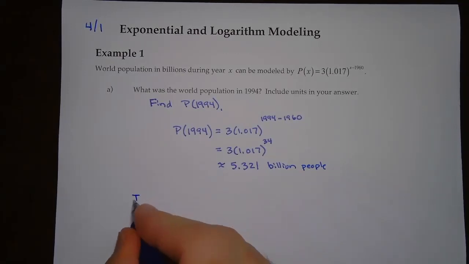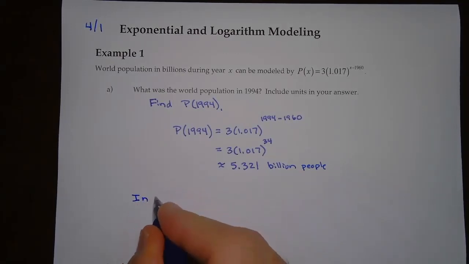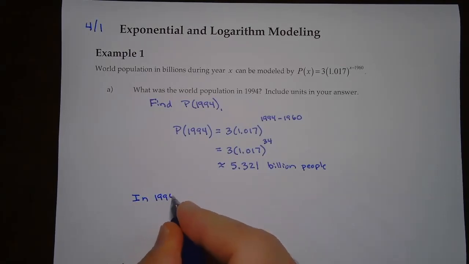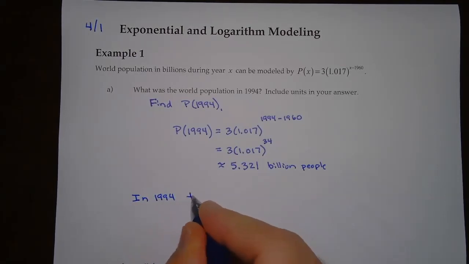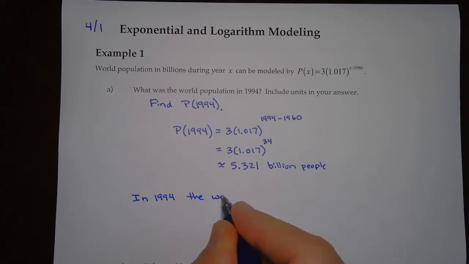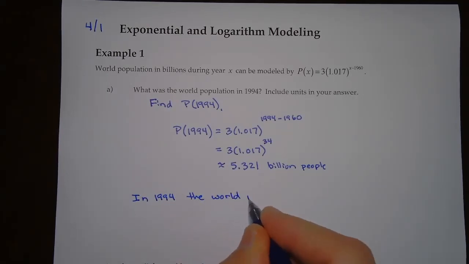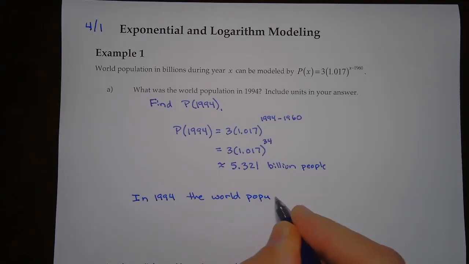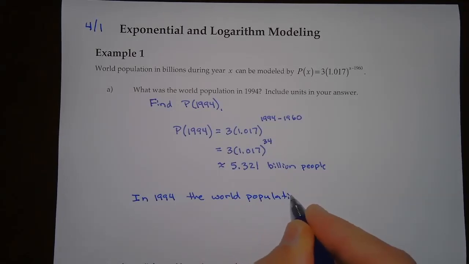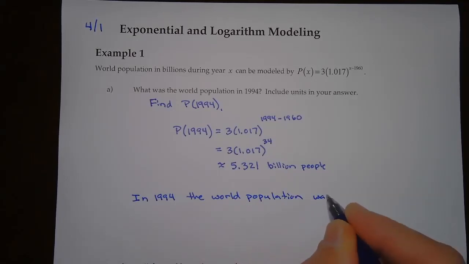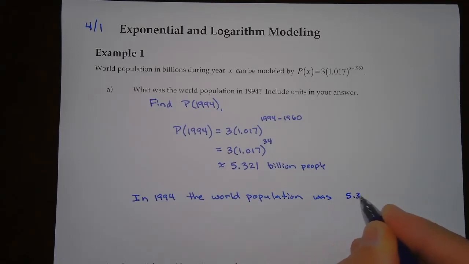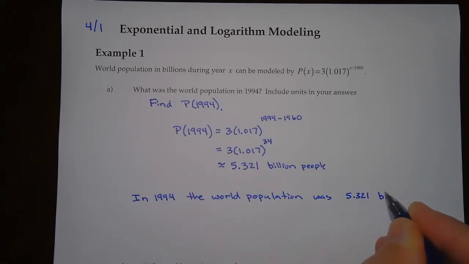So this happened in 1994. In 1994, the world population was 5.321 billion.